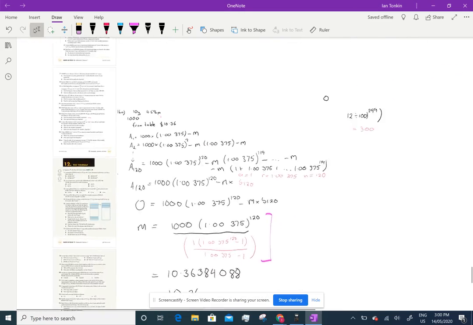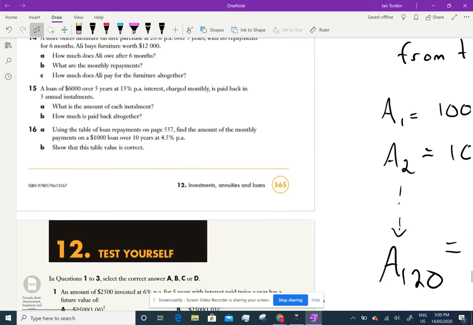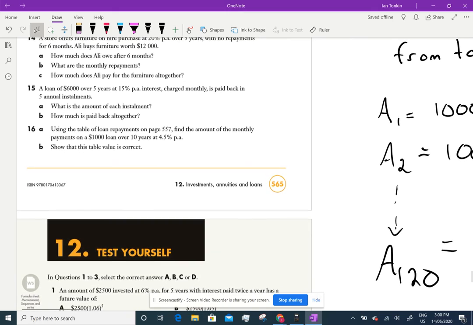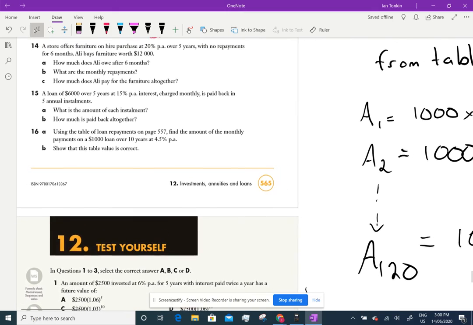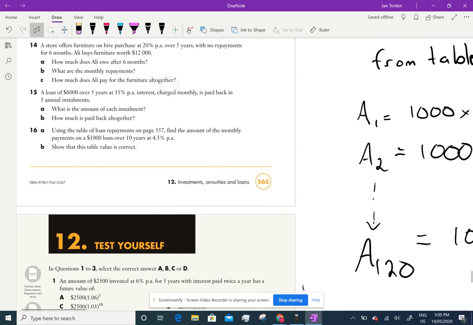Now, they also asked in B, well, that's all you have to do. Although they've gone, show this time, using the loan, find the amount of the monthly repayments. And then they've gone on to multiply by 12.